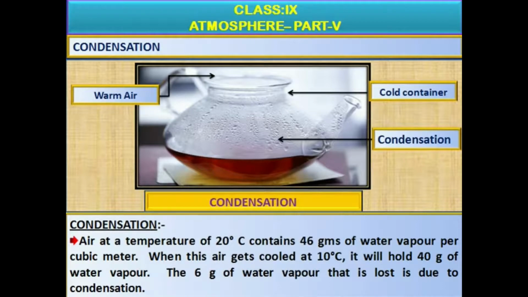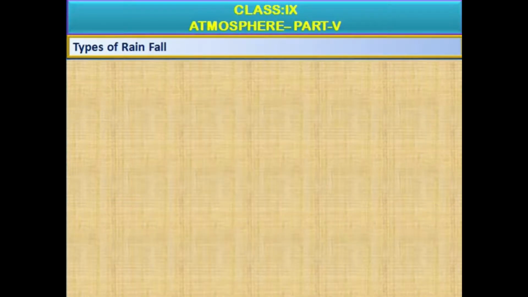With condensation, the droplets get heavy and fall to earth as precipitation in the form of rain, snow, hail, etc. If these droplets condense very close to Earth's surface, the droplets are lighter and we get fog.